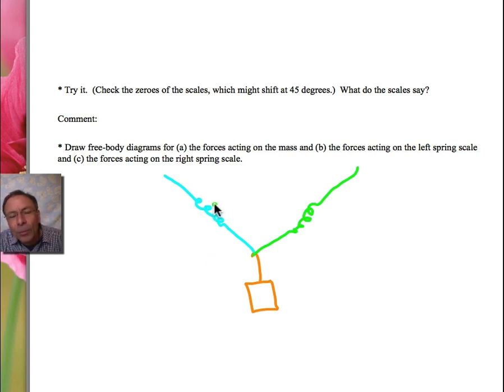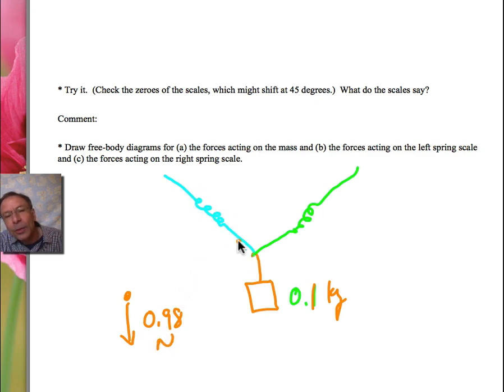And let's say this is still 0.1 kilograms. So gravity is pulling down with 0.98 newtons, but how much pull do these springs have to have?